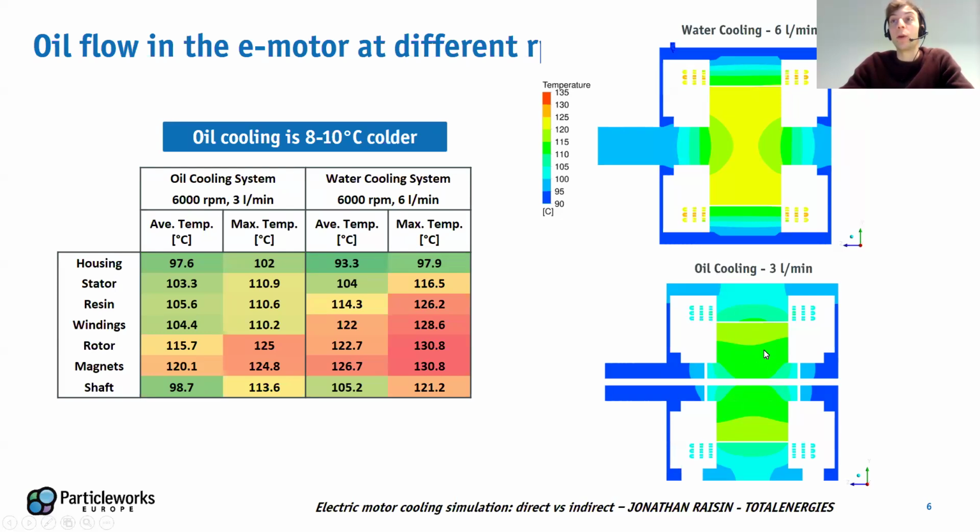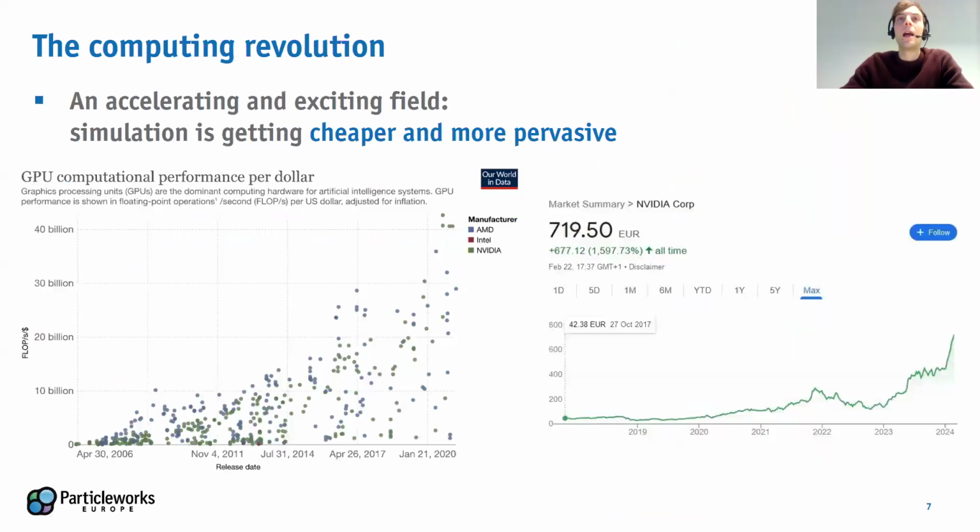This is very important because inside the rotor we find magnets, temperature-sensitive materials. So this was a good first example of better cooling methods for e-motors.